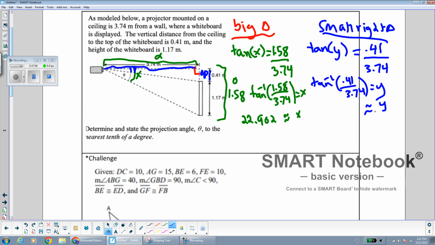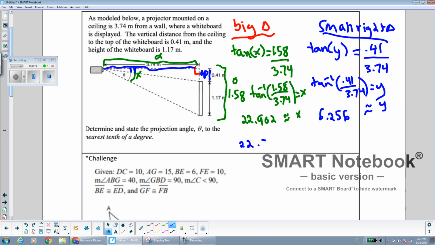Let me go into my calculator. Second tangent 0.41 over 3.74. And it's approximately 6.256. So now I just need to subtract the smaller angle from the bigger angle.